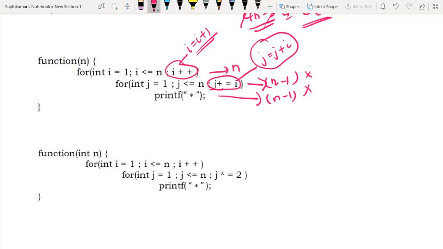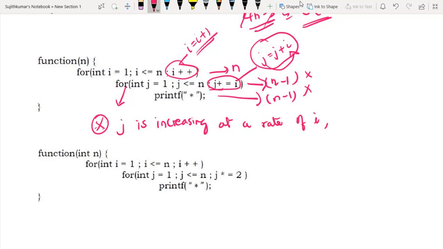The important point to note here is j is increasing at a rate of i, not at the rate of 1. Usually loops have this habit i equals i plus 1, but here this is not the case. It depends on i.